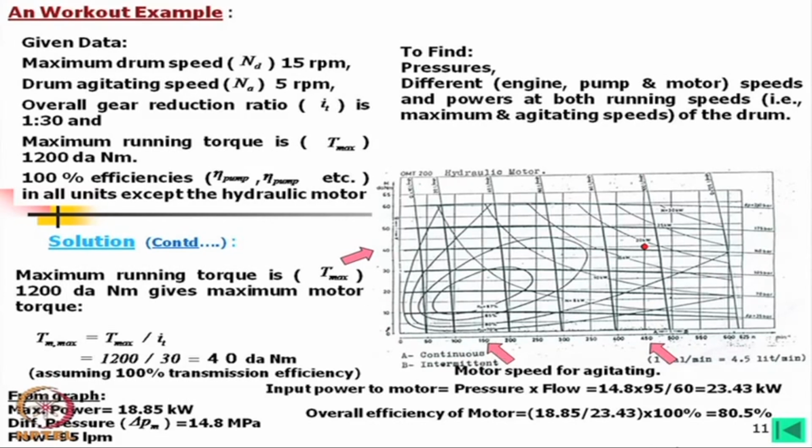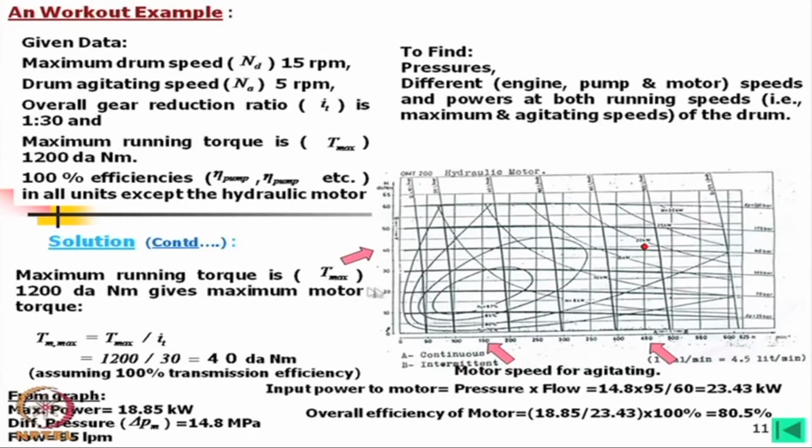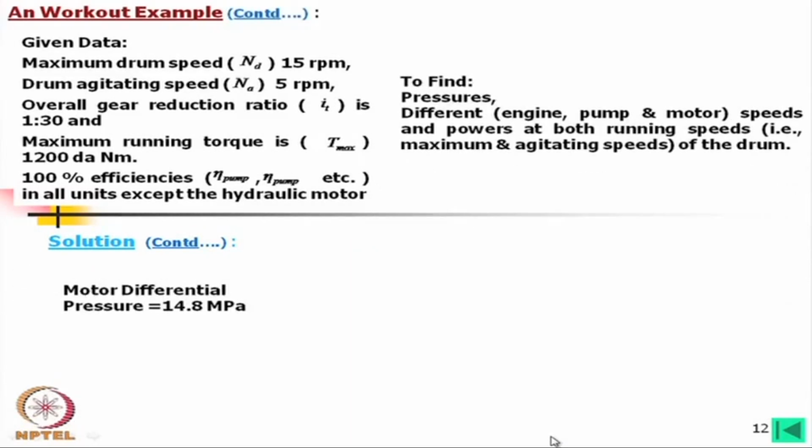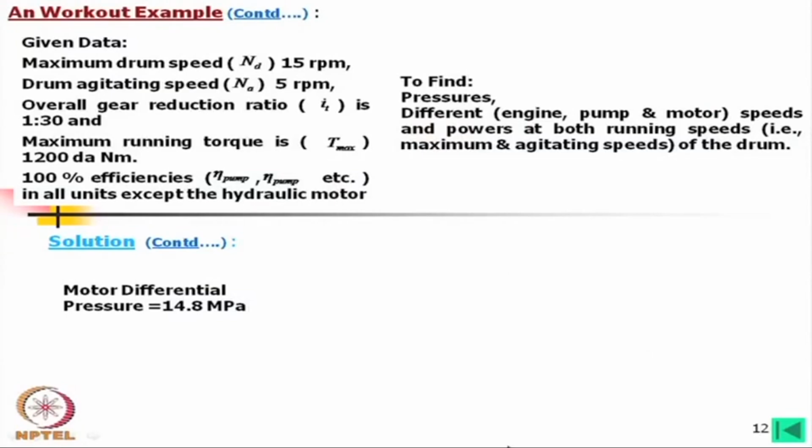In that case, the material is not going up or down. Maybe the drum is kept more or less horizontal, and it is just rotating, not allowing the material to settle. In that case, let us consider that half of the torque will be required. We have assumed this. In that case, we find that it is the maximum efficiency zone. If you look at this, you will find that one is the maximum efficiency zone. We will come to the next slides later.